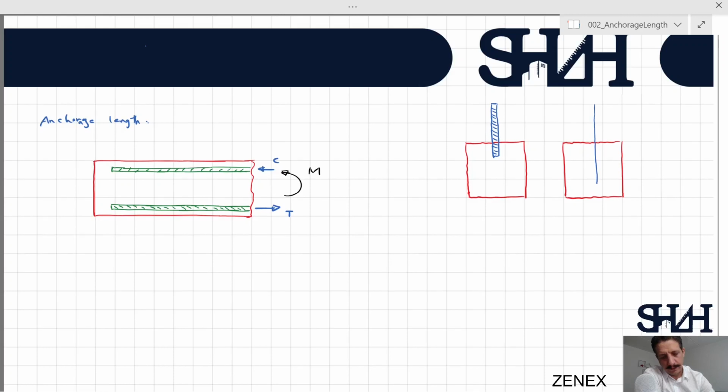And in the other one, assume that we have reinforcement inside the concrete for 300 millimeter. So here we have 50 millimeter and here we have 300 millimeter.